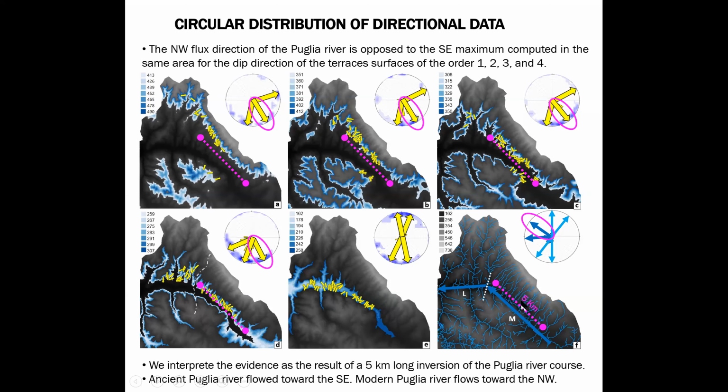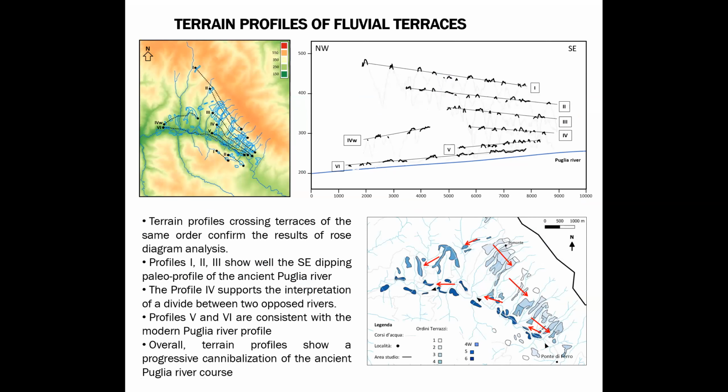The river profiles crossing terraces of the same order were used to test and support our interpretation. Profiles 1, 2, and 3 show well the southeast dipping paleoprofile of the ancient Puglia River.